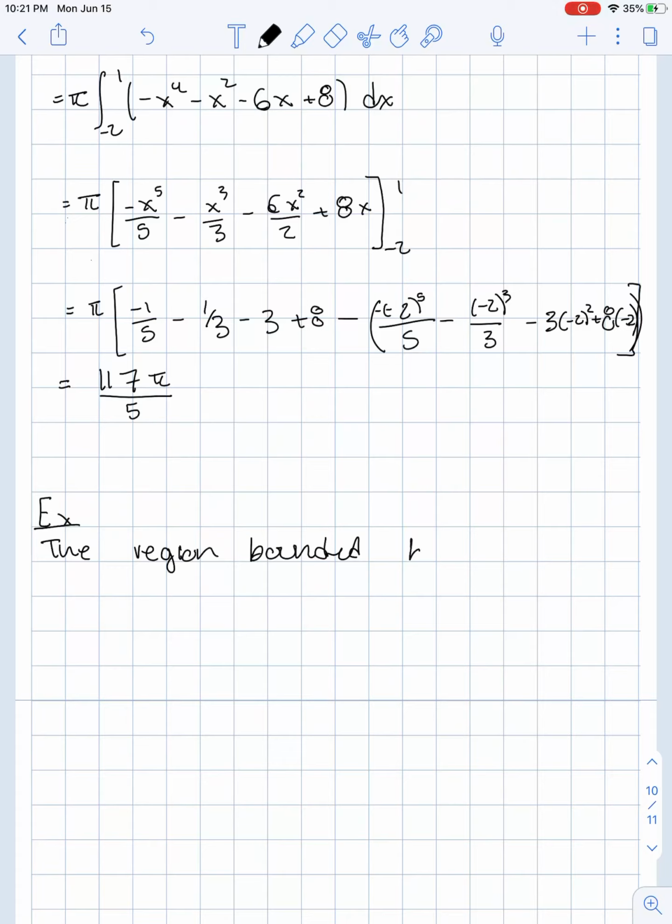The region bounded by the parabola y equals x squared and line y equals 2x in the first quadrant, first quad.